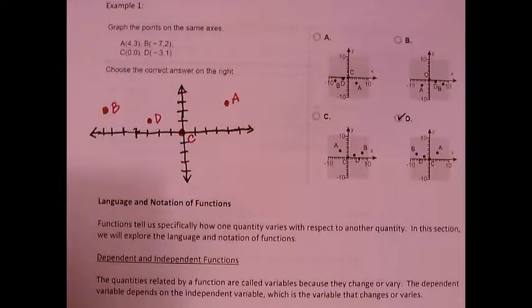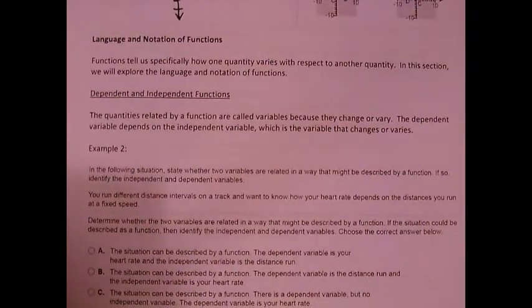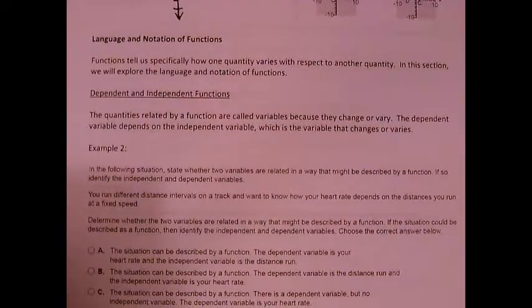Okay, let's talk about language and notation of functions. Functions tell us specifically how one quantity varies with respect to another quantity. In this section, we will explore the language and notation of functions.